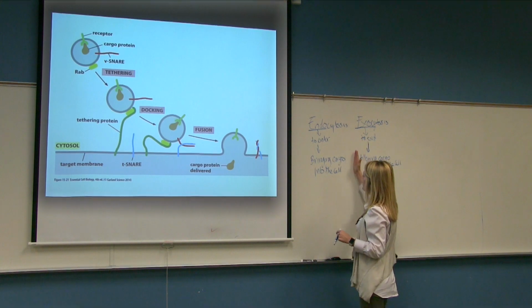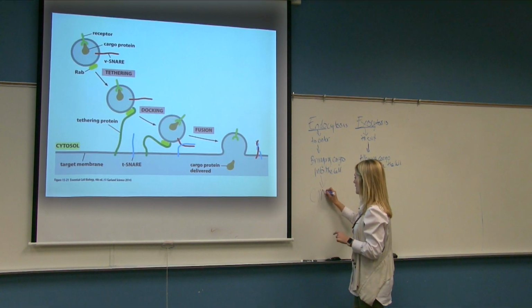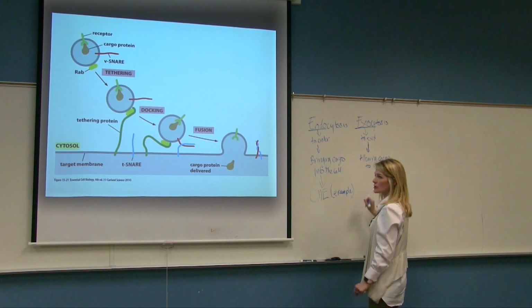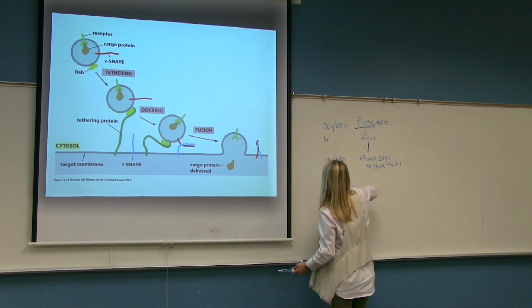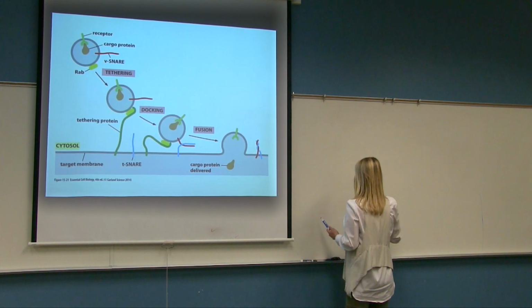So we have gone through CME, right? We have gone through endocytosis. This is the example that we gave. And now we're going to look at exocytosis. So let's zoom in and look a little bit deeper into how exocytosis actually occurs.